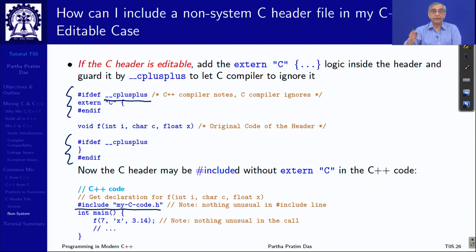This header could be common between C and C++, because when you use a C compiler for the C code, this particular macro is false. So, it will not see anything, it will see a pure simple C header.